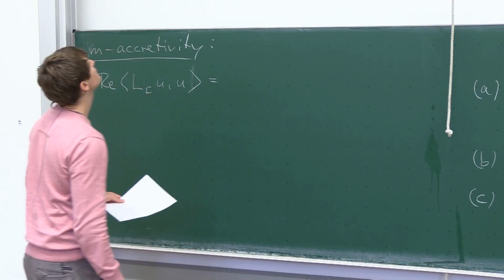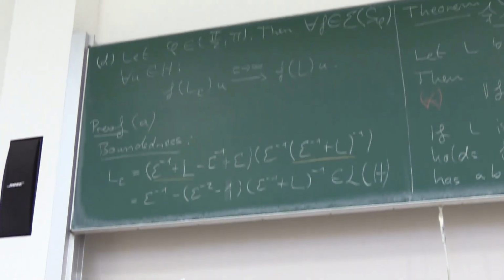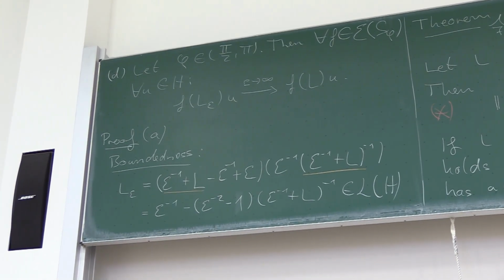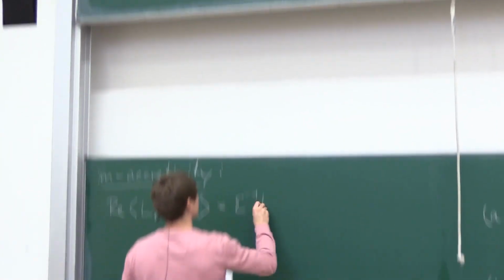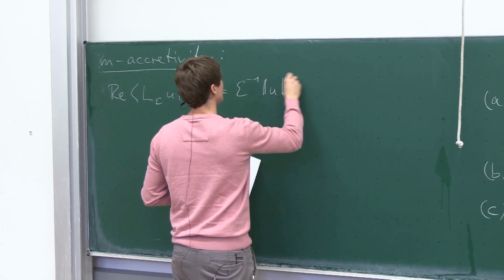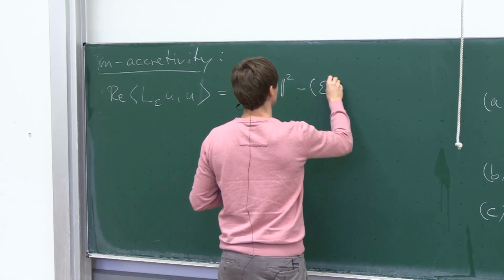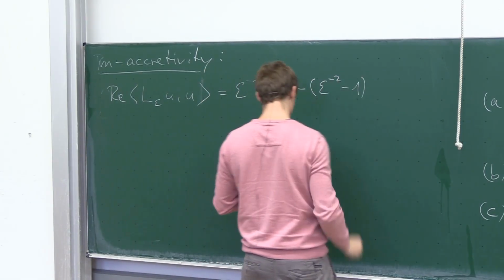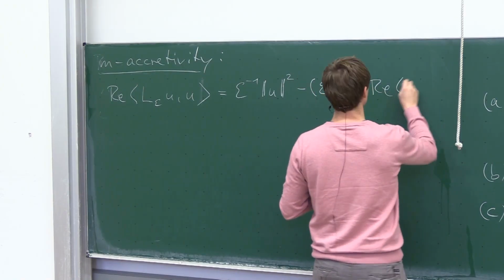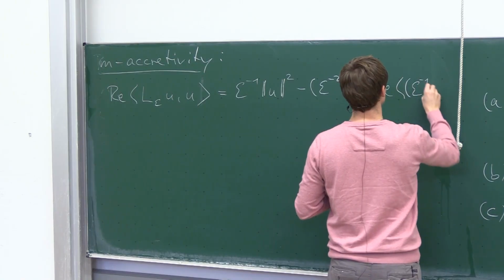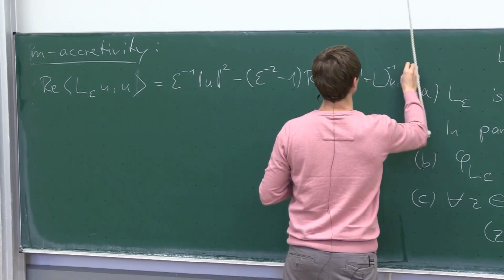And now we use this identity above, so we replace L epsilon by the right-hand side of this identity, and we get that this is the same as epsilon to the minus 1 times the norm of U squared minus epsilon to the minus 2 minus 1 times the real part of the inner product of the resolvent epsilon to the minus 1 plus L inverse applied to U, and this is tested by U again.